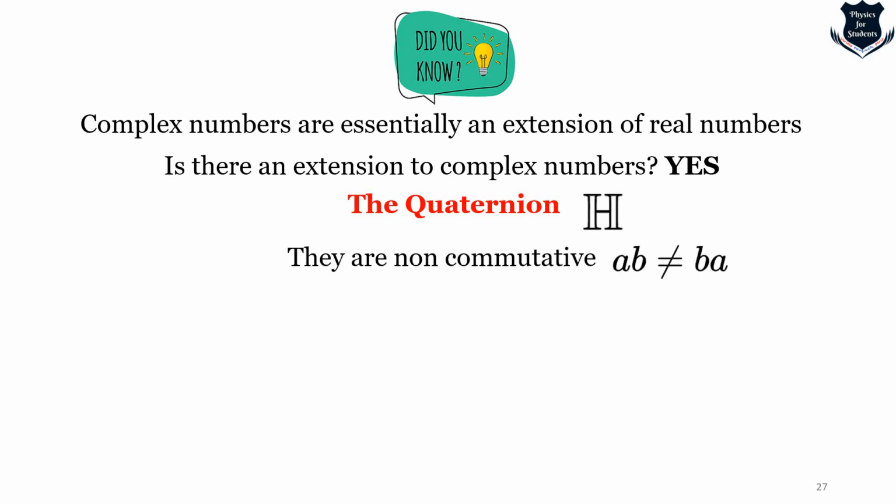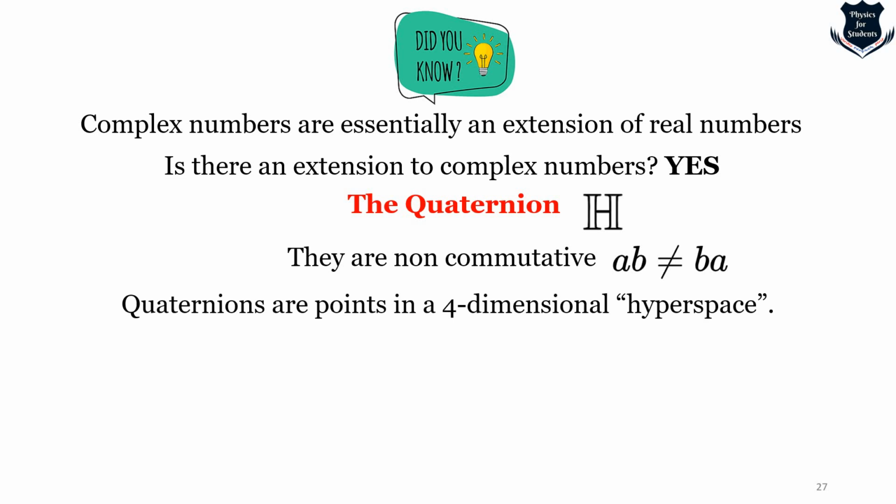And just like complex numbers can be visualized as points on a plane, Quaternions are points in four-dimensional hyperspace. Quaternions are useful in applied mathematics, physics, computer graphics, and computer vision. The next question we can obviously ask is, is there an extension for Quaternions?